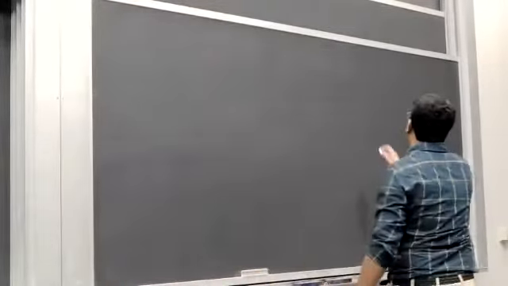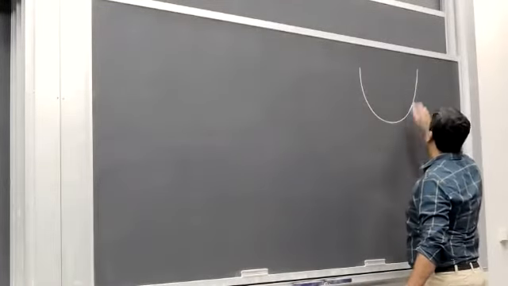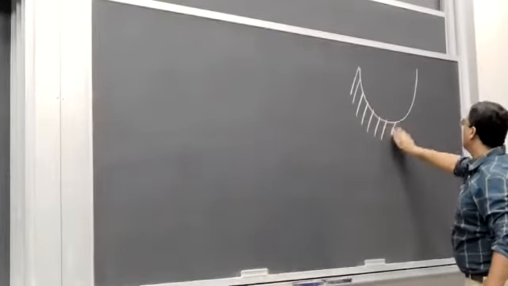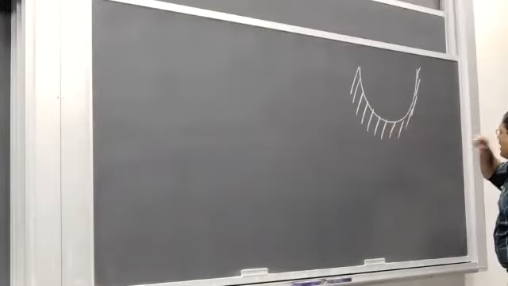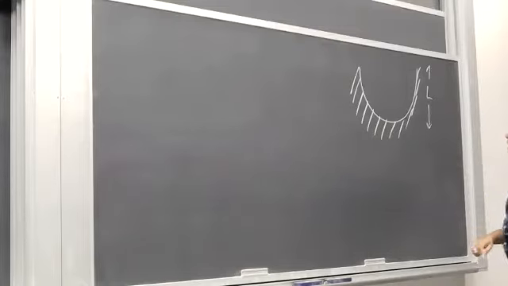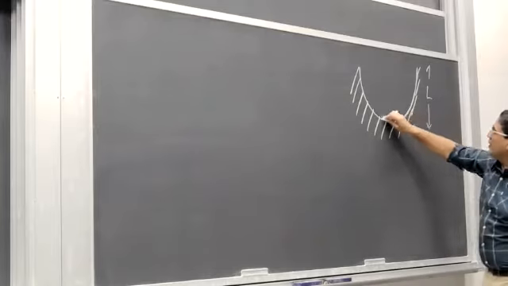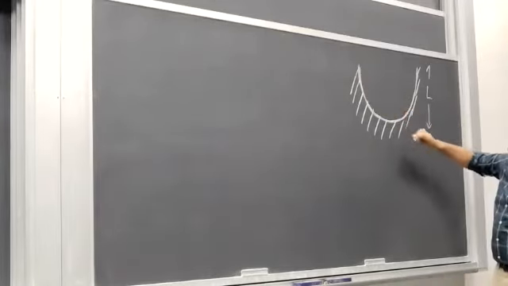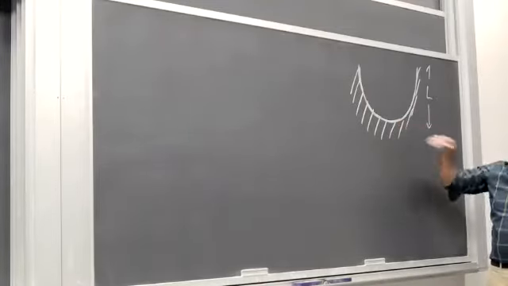So this is the basin again, and let's say it's this way, and this is L. Now this basin is in fact the potential energy surface or the potential energy curve.